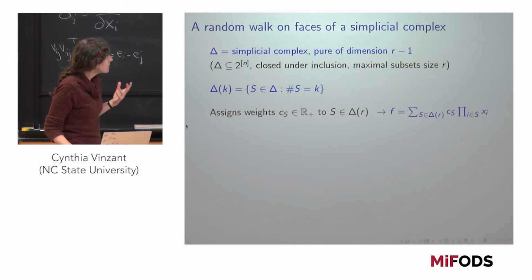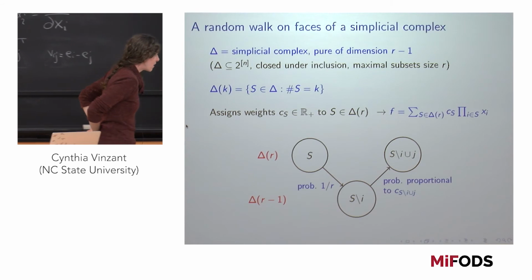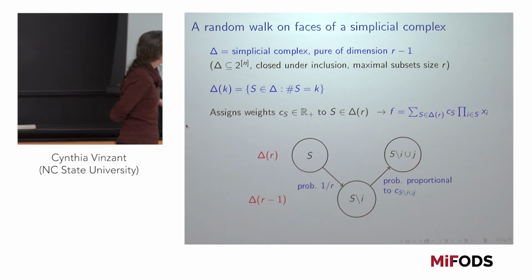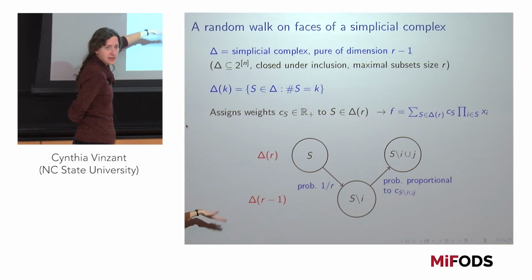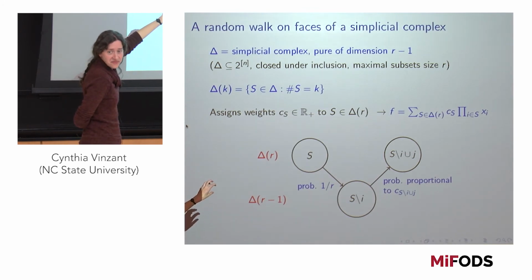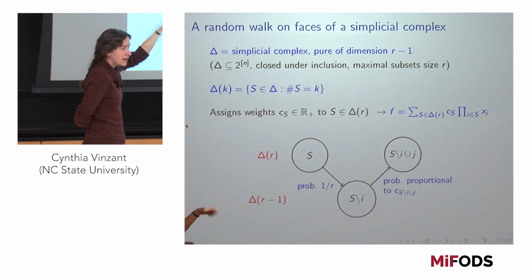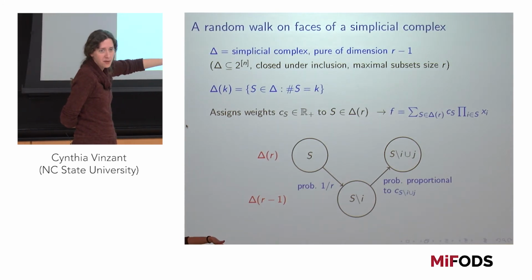What I want to concoct is the following random walk. I'm going to define a random walk between the subsets of size r, the biggest ones, and the subsets of size r minus 1. I start with some subset, and then uniformly at random, I pick an element and toss it away. And I'll have a subset of size r minus 1.